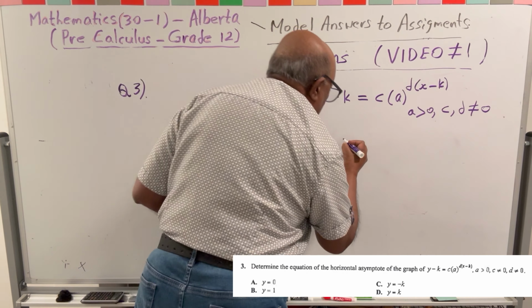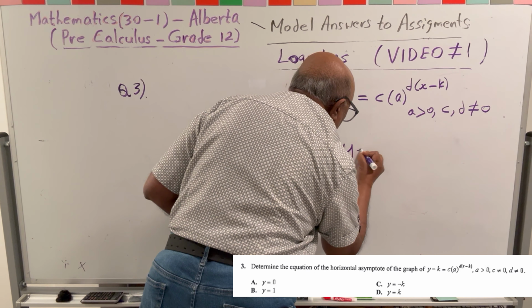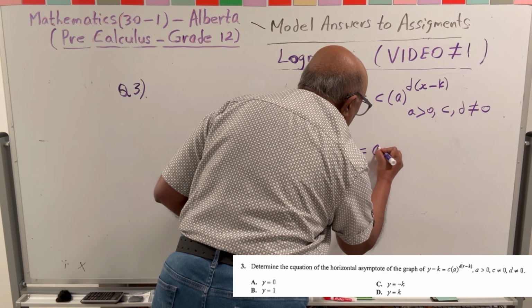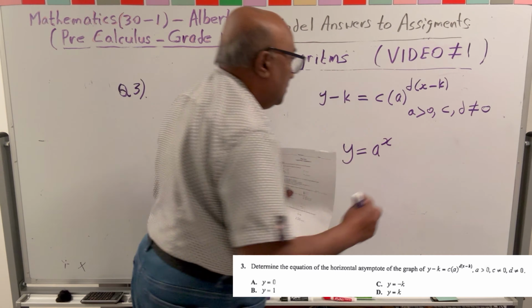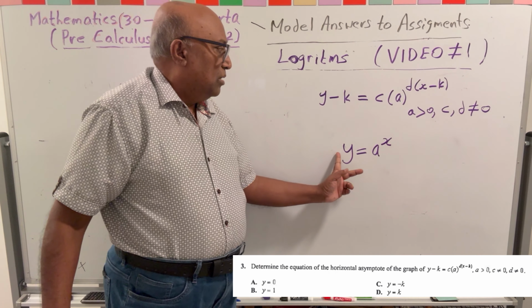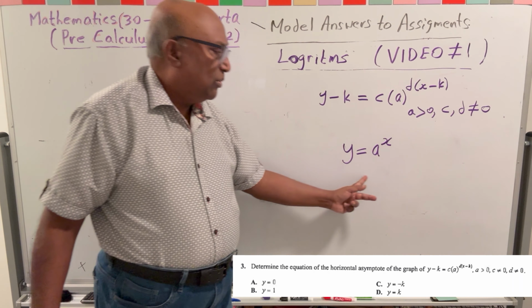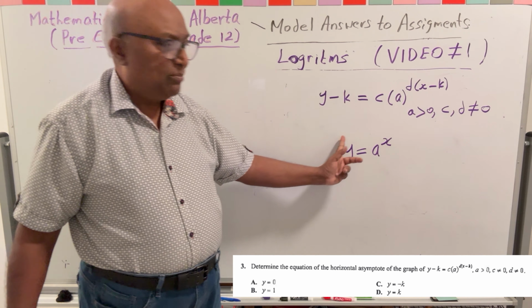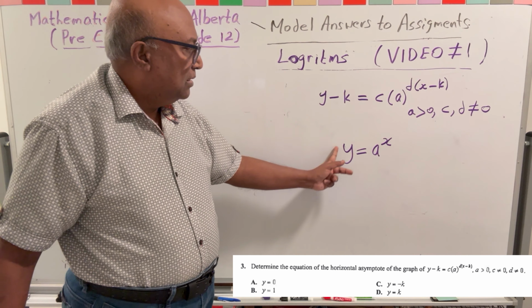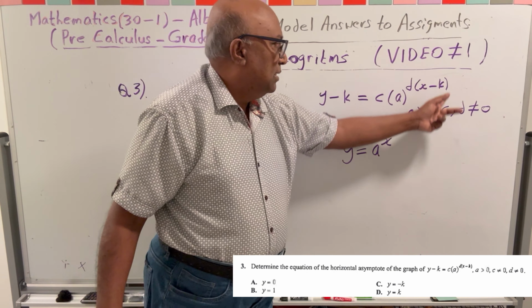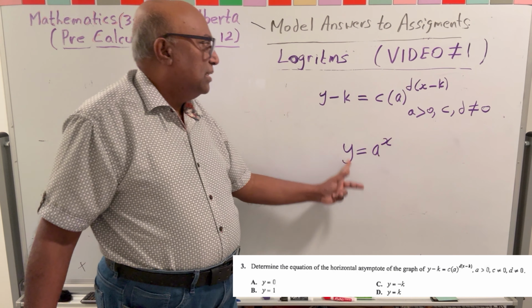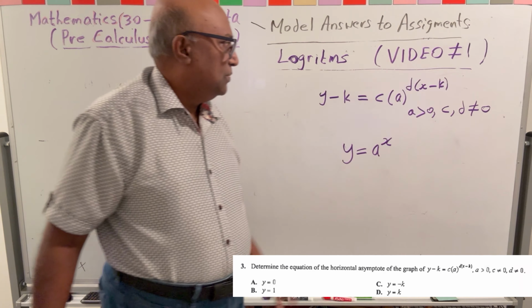Actually, this came from the basic function, y equals a to the power of x. When you apply some kind of transformation, this function will become this one. That means this is the original function, this is the image function.